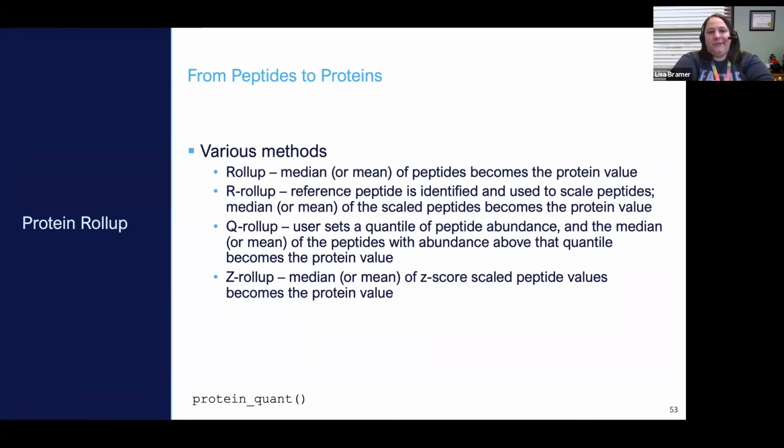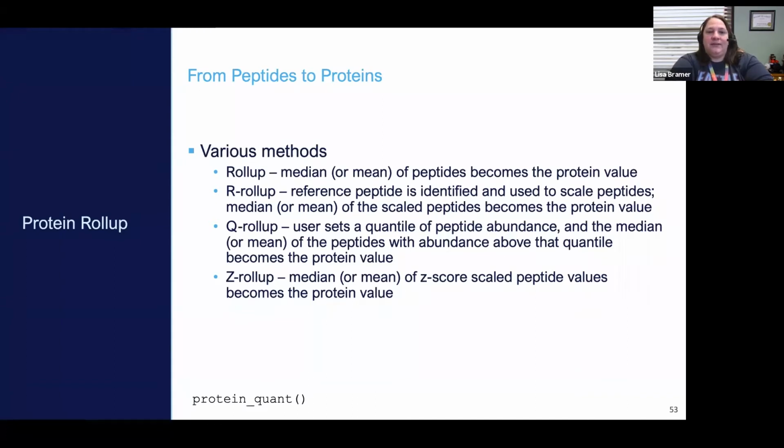And I'm not going to go through and specifically discuss each of these in detail. I will say that we tend to defer to the R roll-up, which is the second bullet point here. But at the most basic conceptual level, if I have 10 peptides that all map to the same protein, I would hope that those are somewhat close in their behavior across the samples.